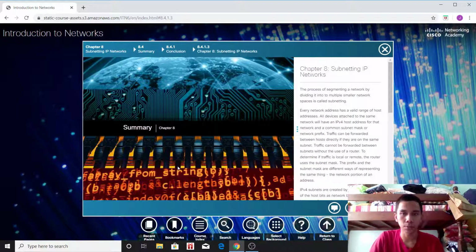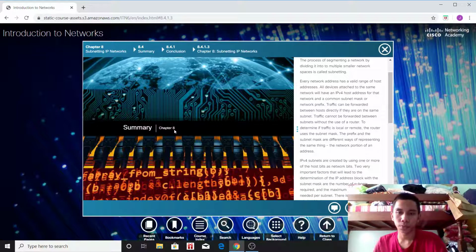The process of segmenting a network by dividing it into multiple smaller network spaces is called subnetting. Every network address has a valid range of host addresses. All devices attached to the same network will have an IPv4 host address for that network and a common subnet mask or network prefix.